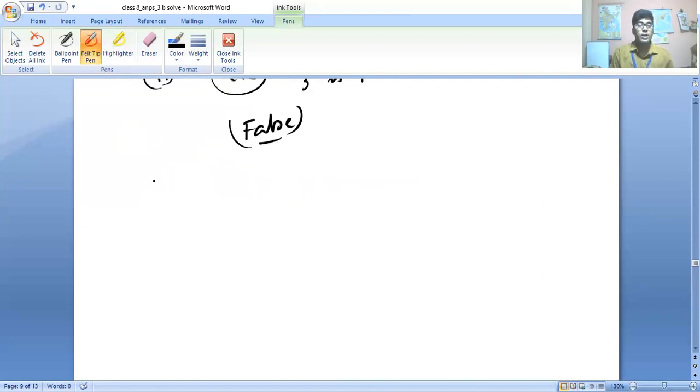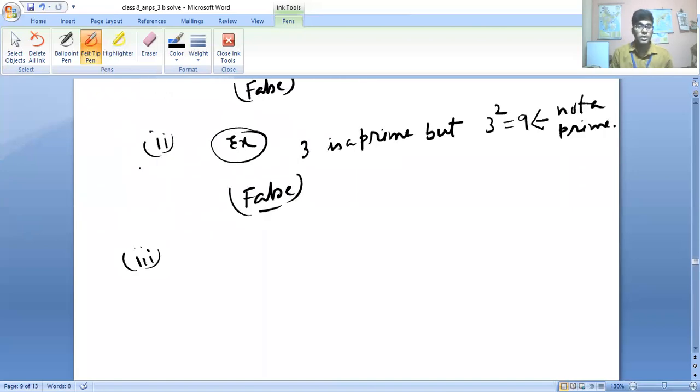Similarly, let us do question number 3. The sum of 2 perfect squares is a perfect square. It may not be the case. Why? See, 2 square becomes 4, and 3 square becomes 9.